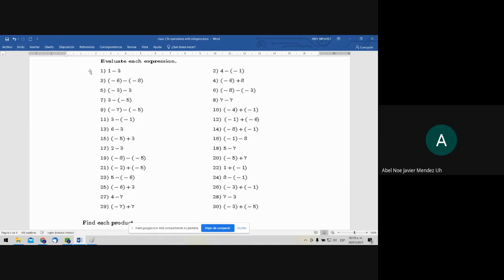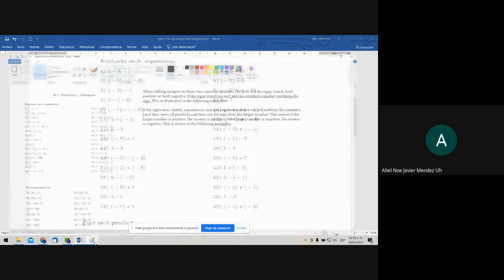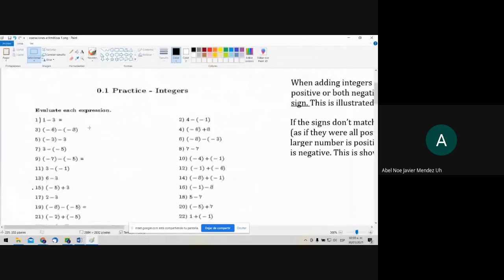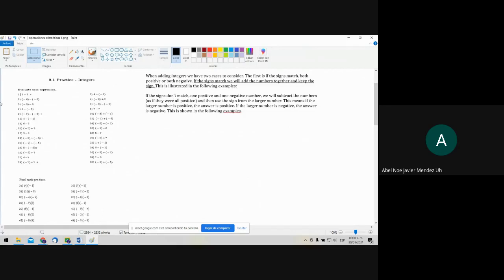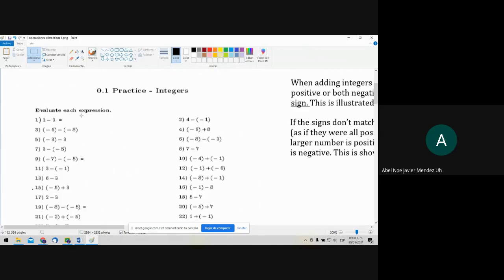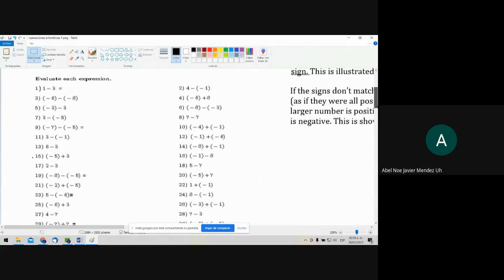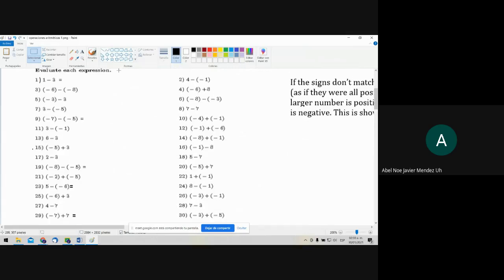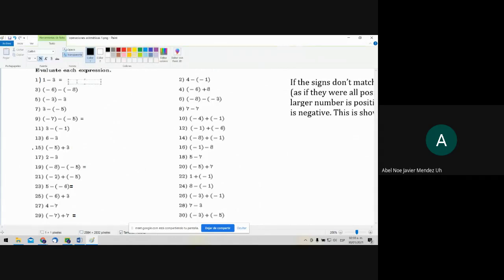Okay, I'm going to solve in this page. I share the paint. Okay, here in paint I can write.